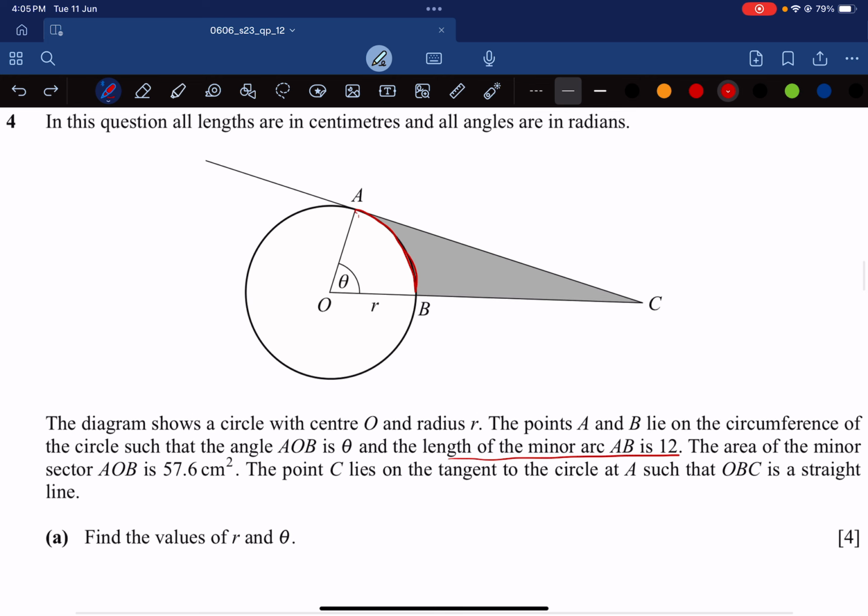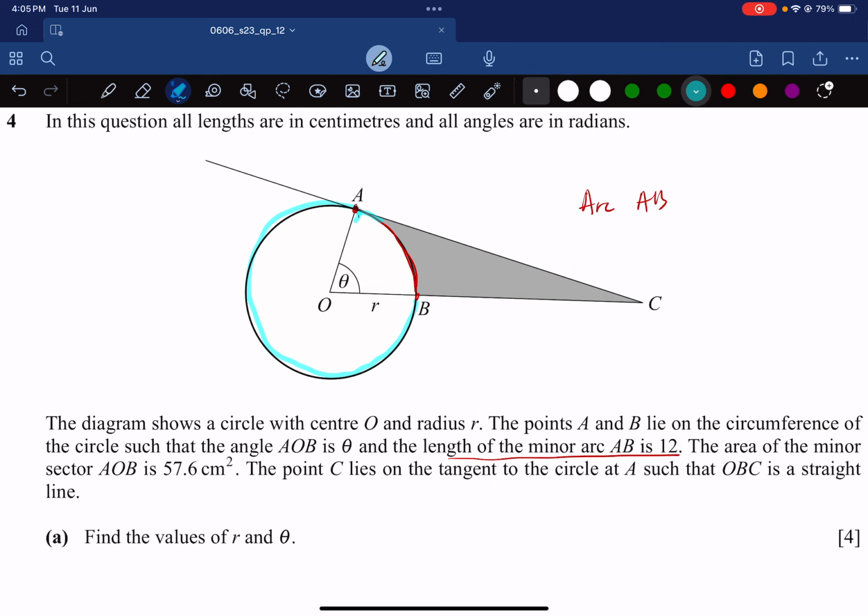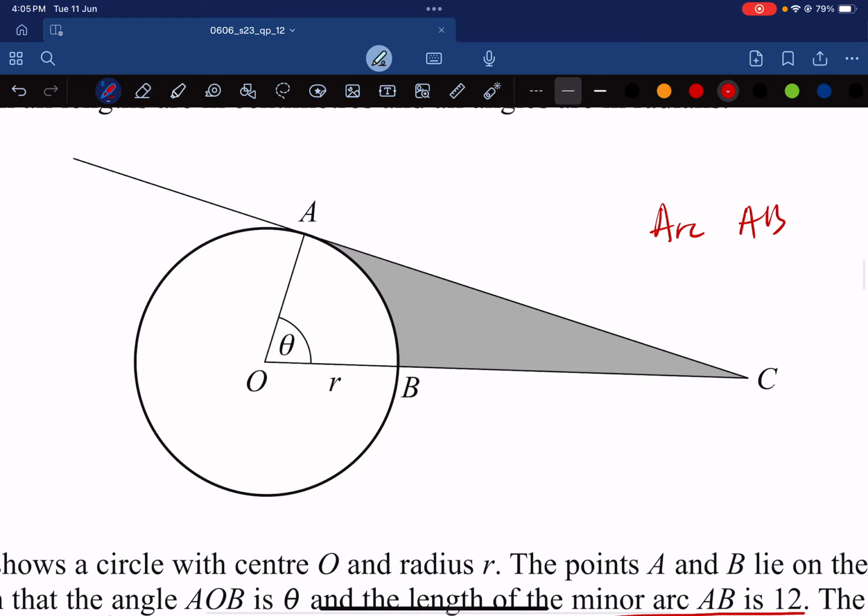If I just tell you arc AB without the word minor or major in front, it could be the major arc going this way, or it could be going this way, which is the minor arc. So this is what minor means. The minor arc here is 12.